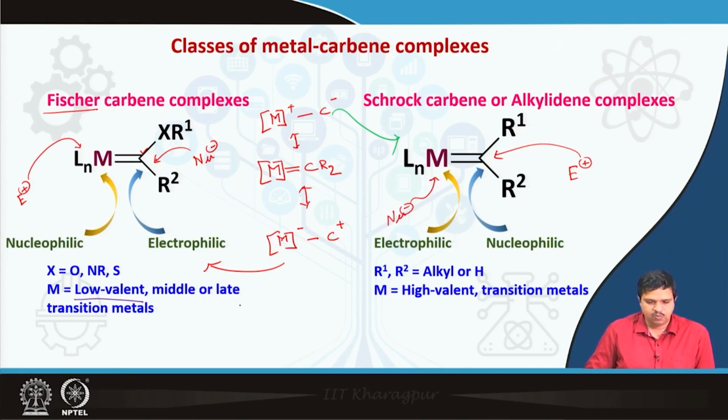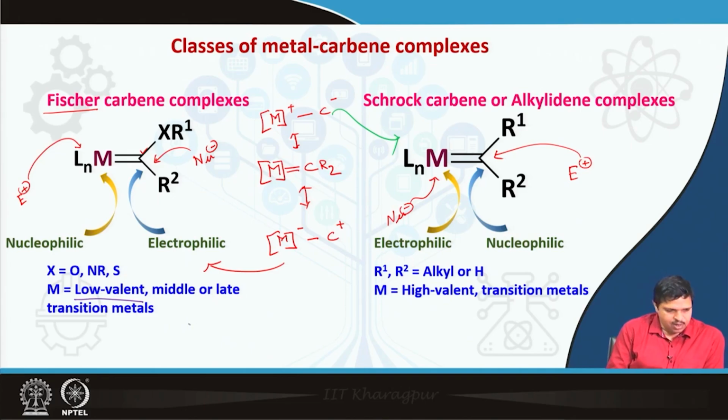Another criterion of these Fischer carbene complexes is that pi donors, for example oxygen donors like alkoxides, or amides or other donors like sulfur, should be attached to the carbene carbon.